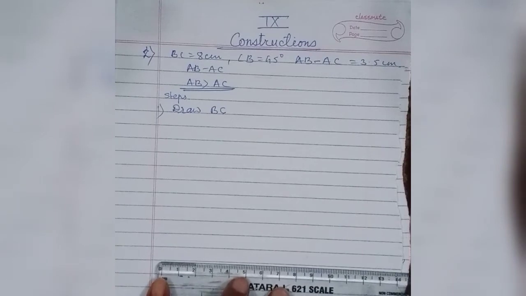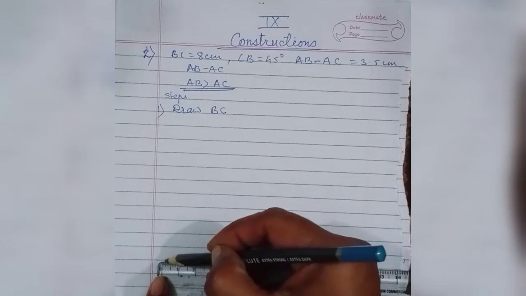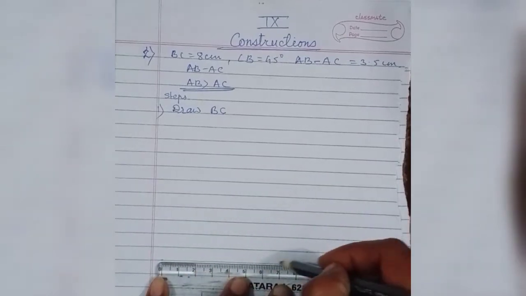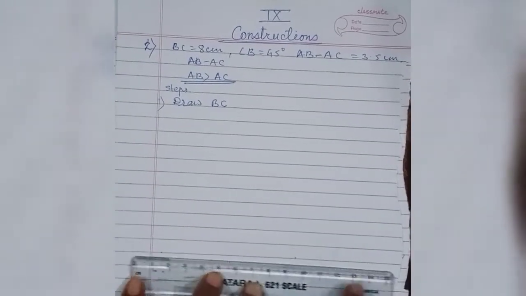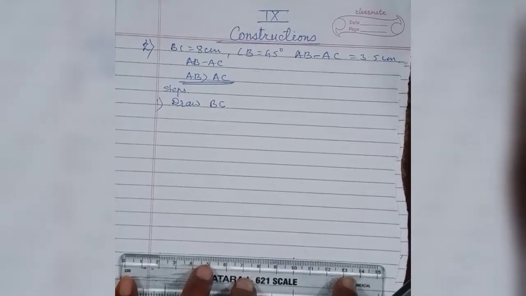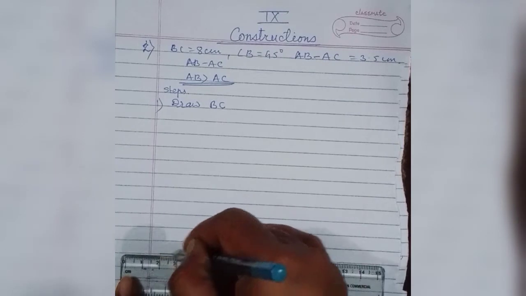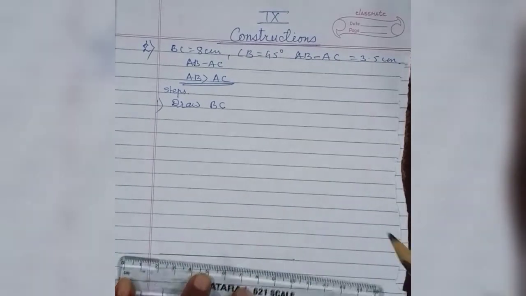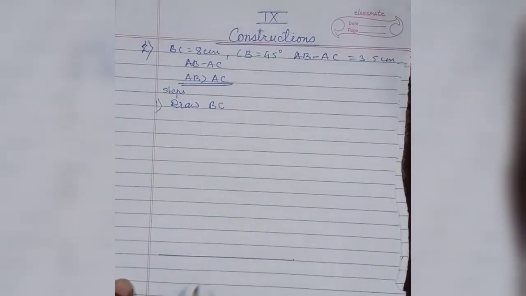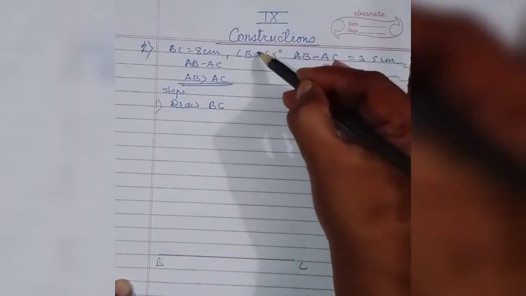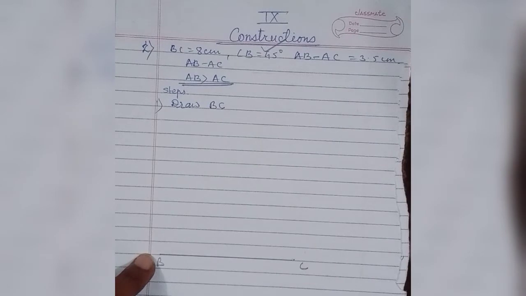BC is of 8 centimeter. Now, angle B is of 45 degree.